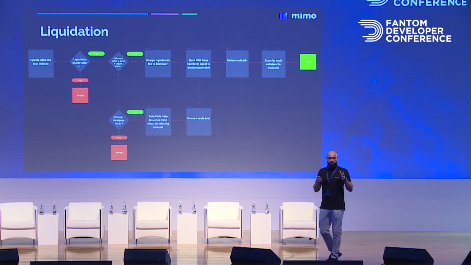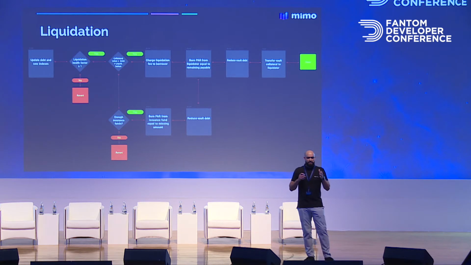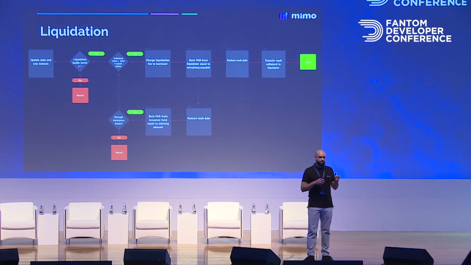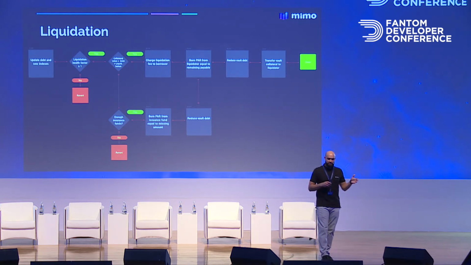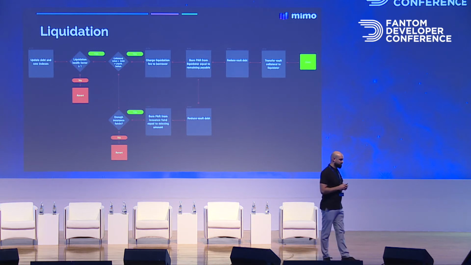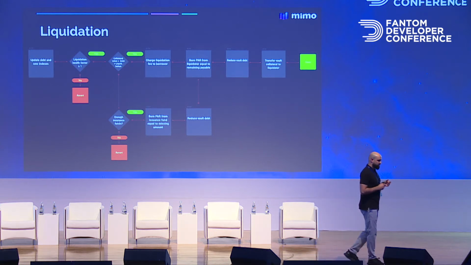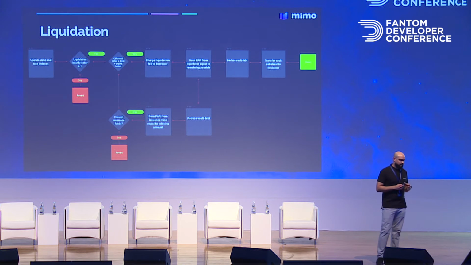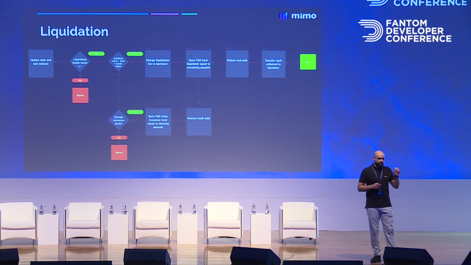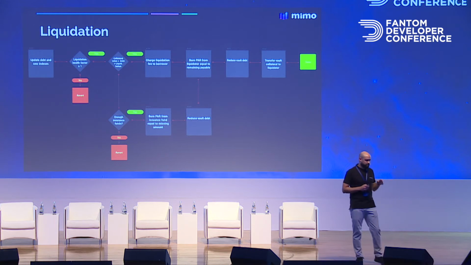If it's the case, we do a second check. The second check is: is the balance of the collateral equal or bigger than the total debt borrowed by the user? If it's the case, we can charge the liquidation fee, we can burn the stablecoin, we can update the vault balance, and then we can transfer the collateral to the user.